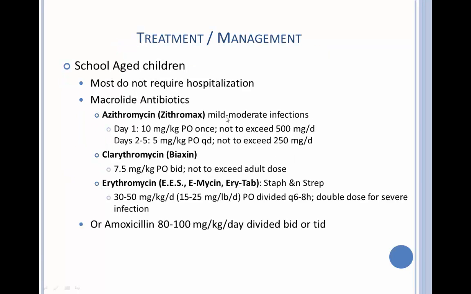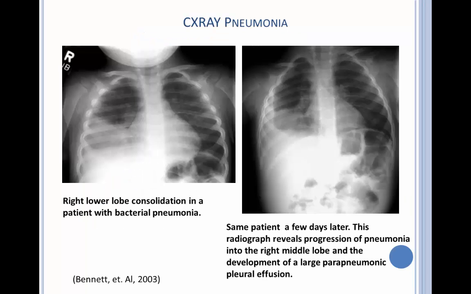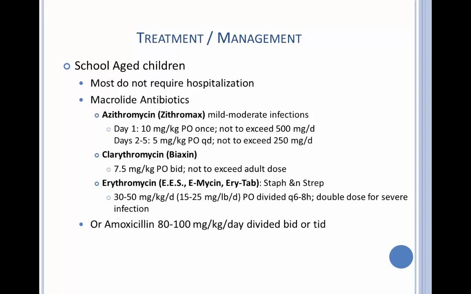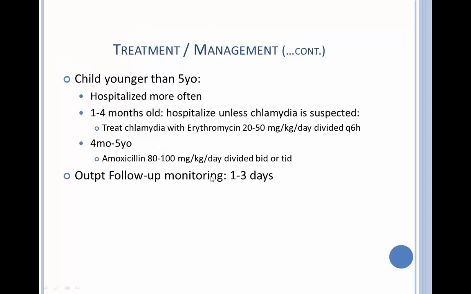Now going backwards, if you are school-age children, the guideline says that azithromycin, clarithromycin, or erythromycin are your best choice, even though you could still use amoxicillin. So, younger than 5, amoxicillin. Older than 5, azithromycin, clarithromycin, or erythromycin. That's what the guideline says, AANP guideline.